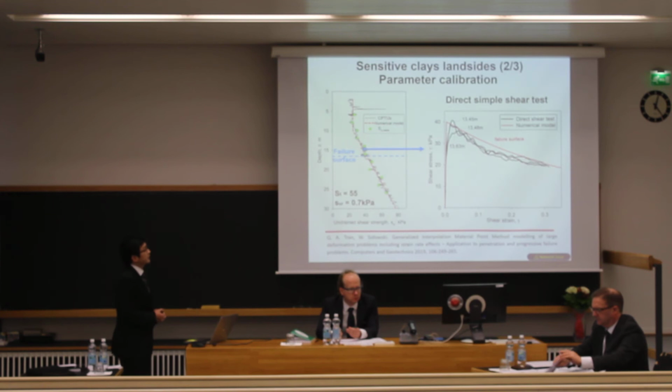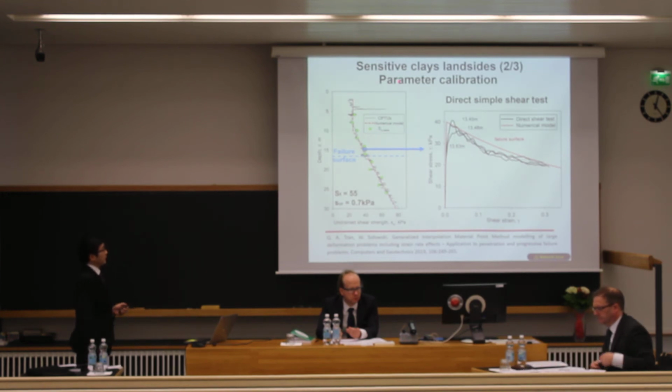And here you can see that is a parameter calibration. Here you have the CPTU result, and you can see that the undrained shear strength increased linearly with depth. And this is a very typical profile for the normally consolidated clay. And for the numerical model, we're using the red line here as the mean value of the CPTU result.